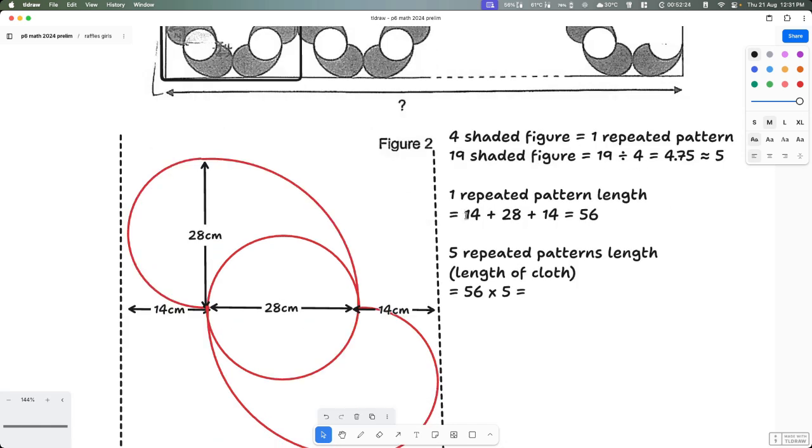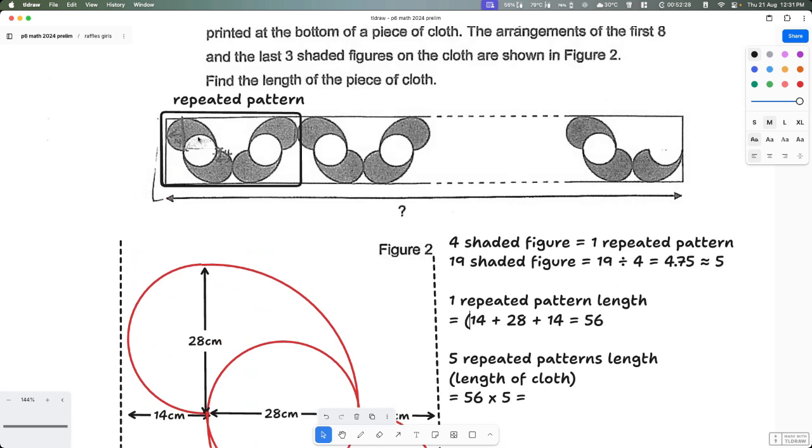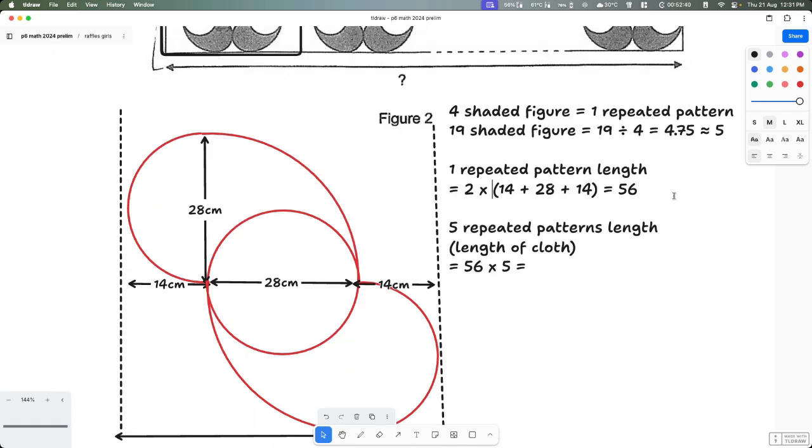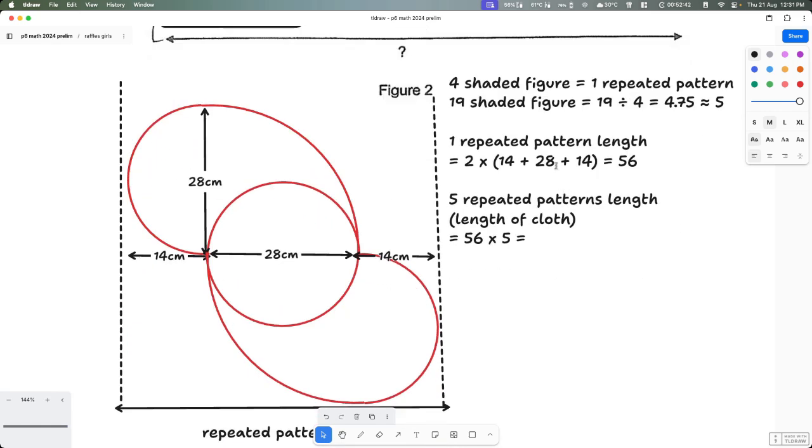So this whole thing, 4 shaded figures is one repeated, so times 2. Sorry, this one should be times 2 instead. 2 times of this, 1 and 2. So then this should be 2 times 56.